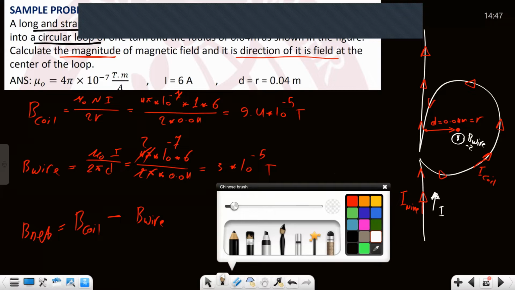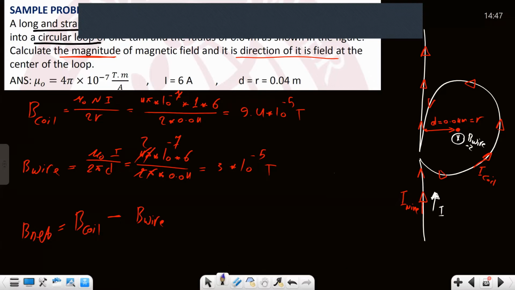And if I align my thumb according to that direction of the current, I will see that my forefinger outside of the coil shows into the page, but inside of the coil it shows out of the page. So the B coil is going to be out, and it is positive Z. So now I can write this one positive Z, and that one negative Z. That's why I subtract them.